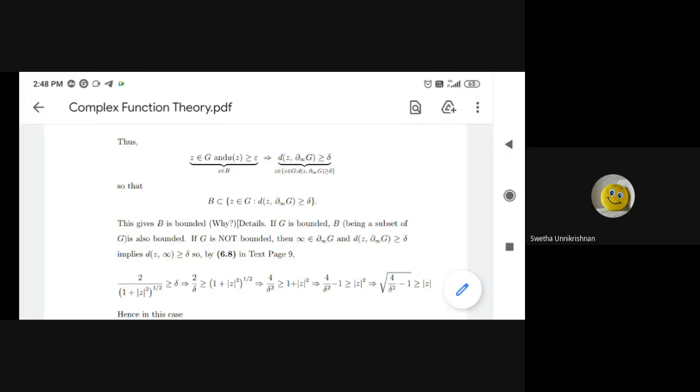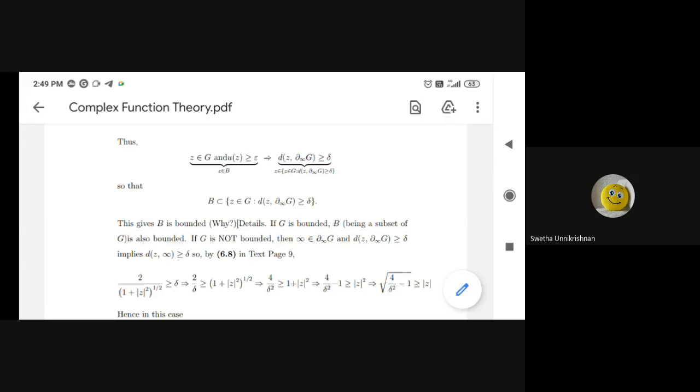Thus, we want to say that B is bounded, and then we also prove that B is a closed set. Then B is bounded and closed, so we can say that it is a compact set.